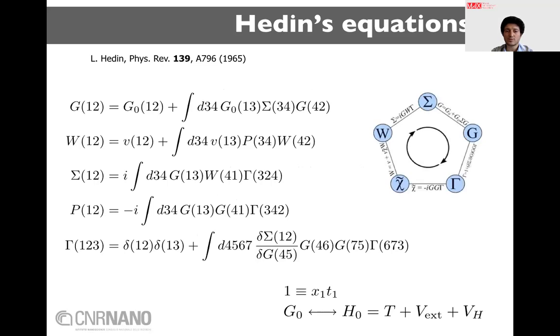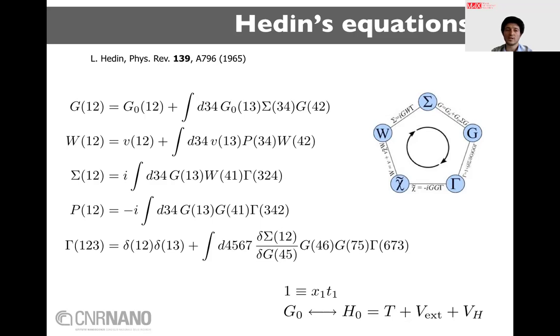Hedin was able to reformulate the problem exactly by means of 5 equations, the 5 Hedin equations. You can recognize the first one is the Dyson equation that we have just seen. And this comes with another equation for sigma that expresses sigma via an integral with 2 objects, W, a screened interaction, and gamma, the vertex.